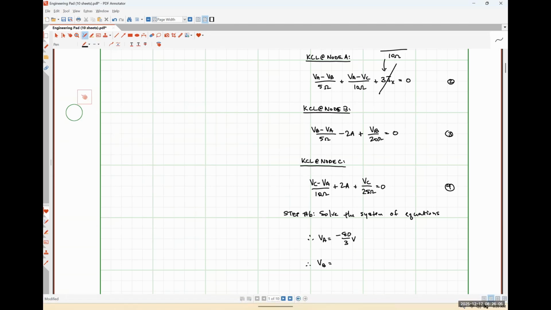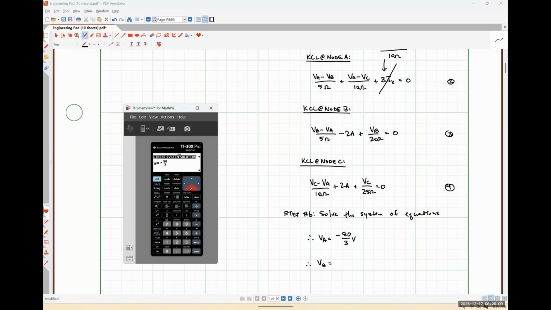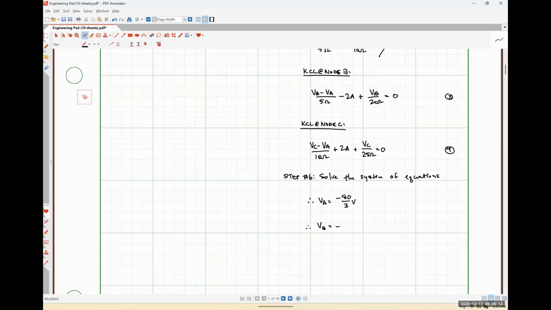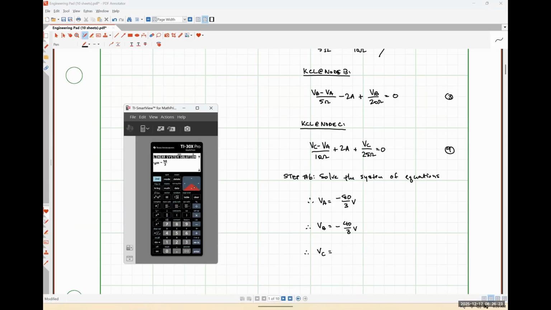VB will be negative 40 over 3 volts. And lastly, VC will be negative 100 over 3 volts.